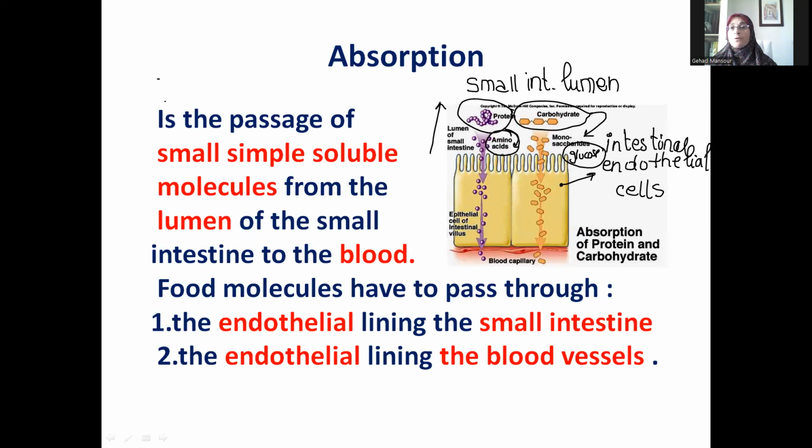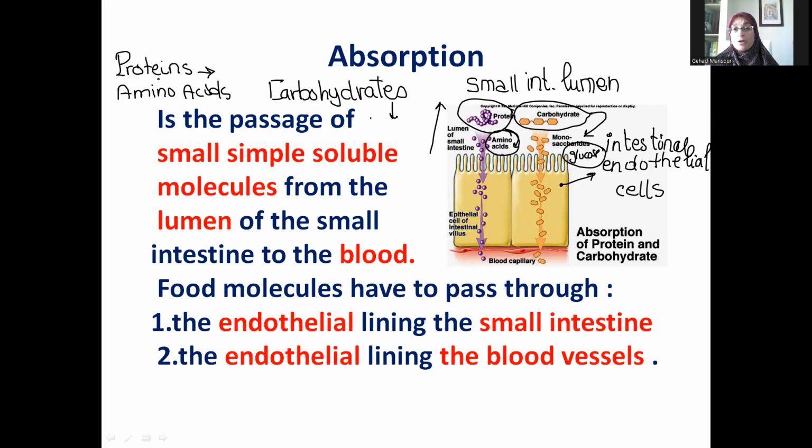So what are the final products of digestion of all foodstuff? The final products of digestion of proteins, after having digested them completely, are the amino acids. The final products of digestion of carbohydrates are the monosaccharides. And we call them monosaccharides because they are formed of one molecule, one block.